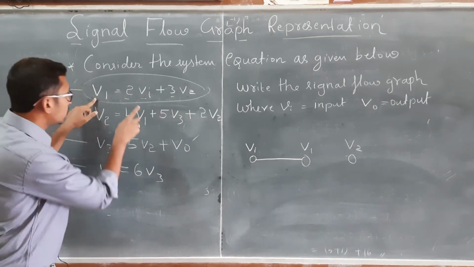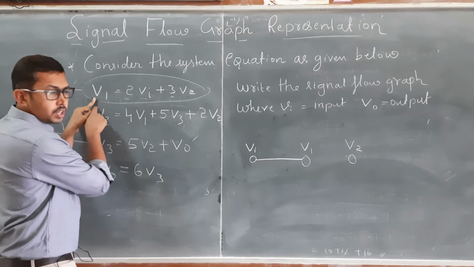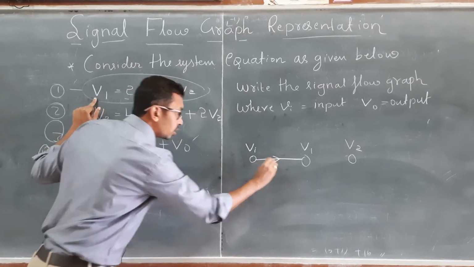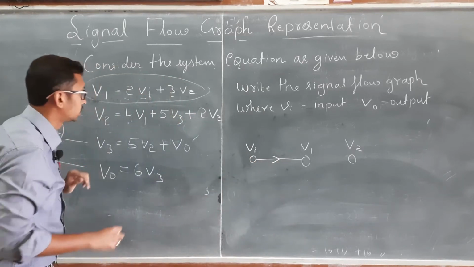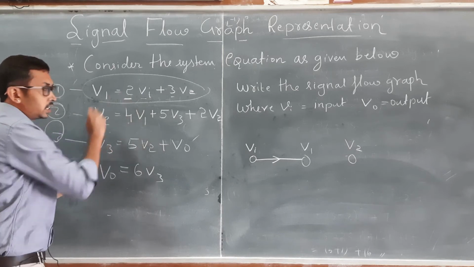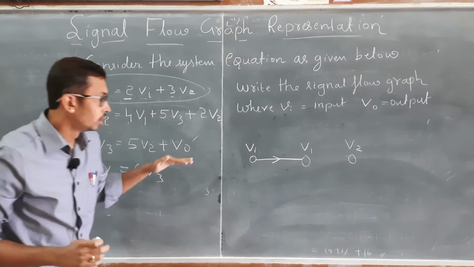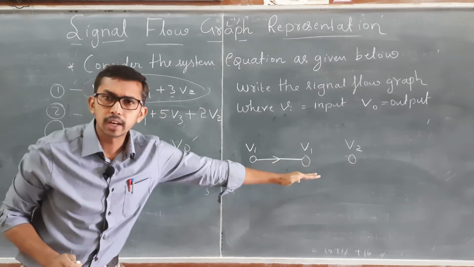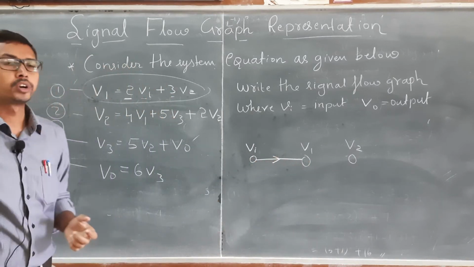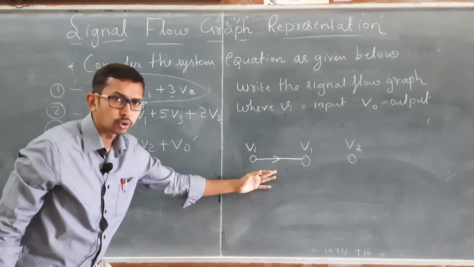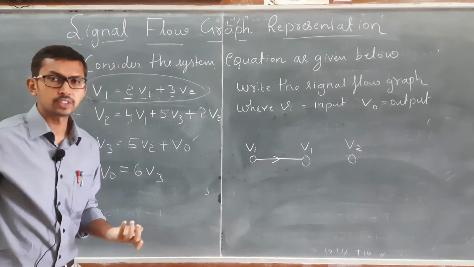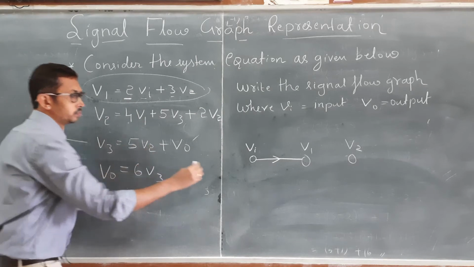The signal is going from Vi to V1. Therefore, we represent it in terms of a transfer function. This relation is called a branch. I am connecting these 2 variables with a line, and that we call a branch. The transfer function of this branch is 2.